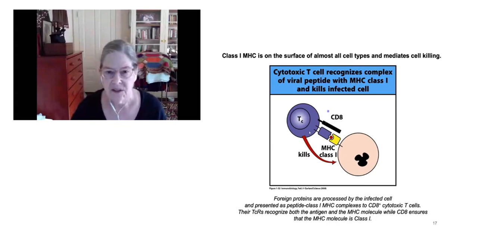So again, cytotoxic T cells will recognize MHC on the surface of a cell, and through CD8 binding to the MHC molecule and T cell receptor binding, the T cell will then realize that it's supposed to kill that cell. Now that is a T cell that's been educated against that antigen.